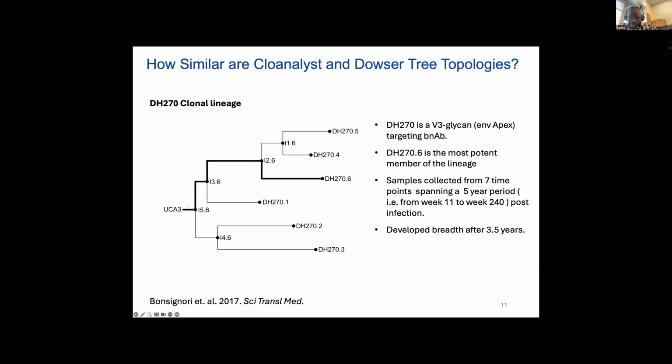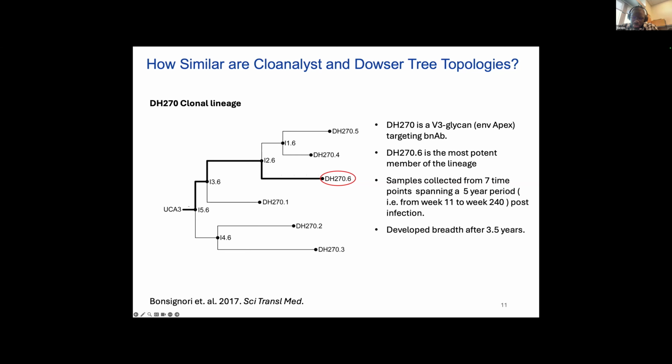So first, we assessed Dowser's ability to reconstruct the DH270 lineage. DH270 is a V3 glycan bnAb with DH270.6 as the most potent member of this lineage. The samples from 7 time points spanning a 5-year period were analyzed.